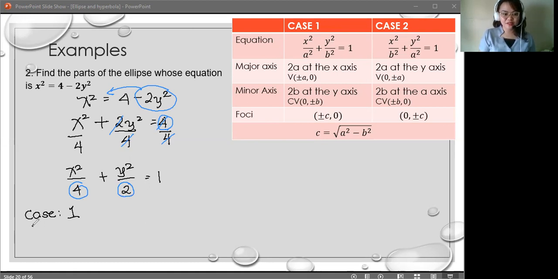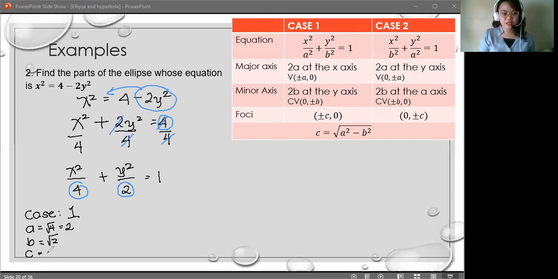Next step is to identify the values of a, b, and c. For a, we get the square root of 4. Square root of 4 now is equal to 2. For b, we have to get the square root of 2. Do we still simplify this one or is it already just the square root of 2? Okay, we have to use the square root of 2.